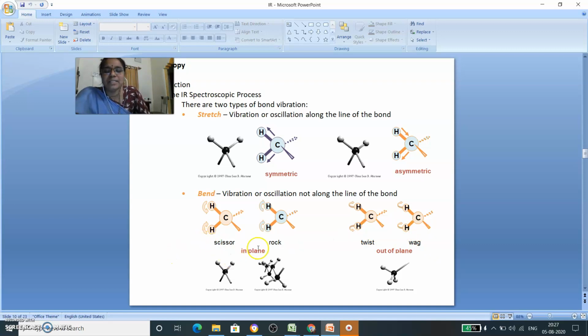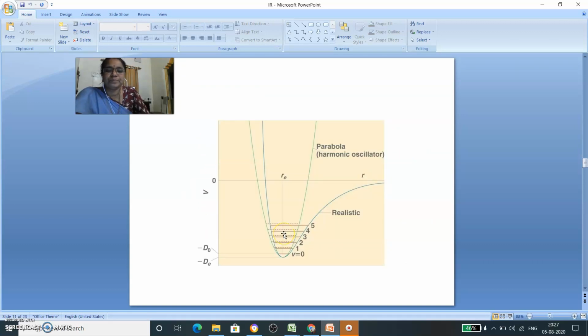So scissoring means simply like a scissor, you are supposed to do like this. In case of bending vibration, the bond angle is going to be changed, whereas in case of stretching, the bond length is going to be changed or varied.